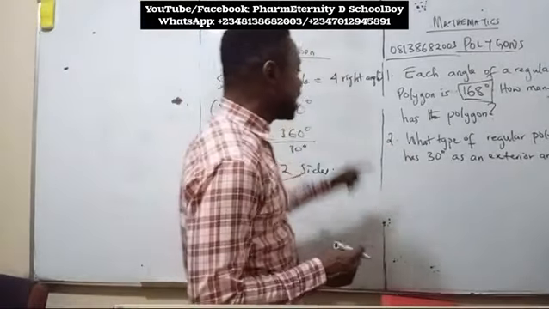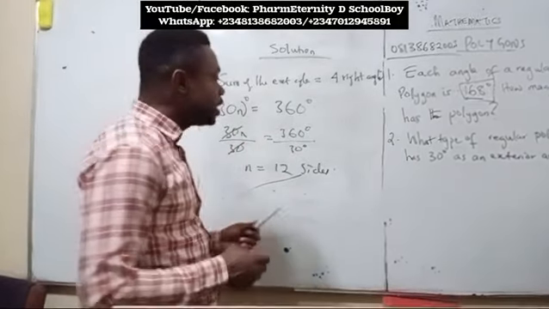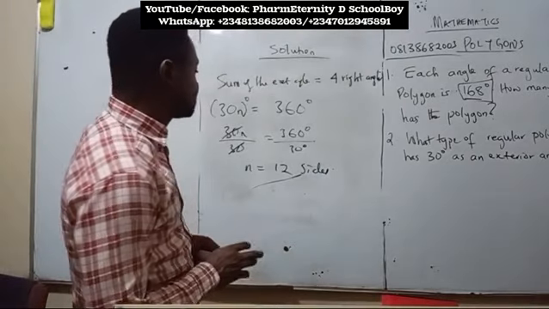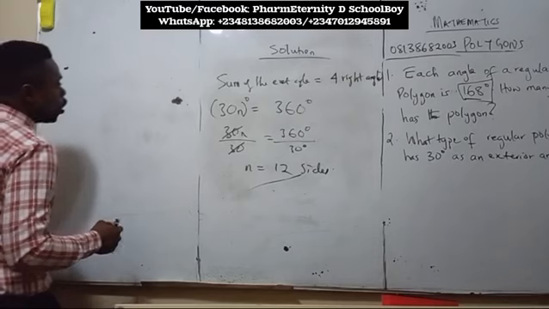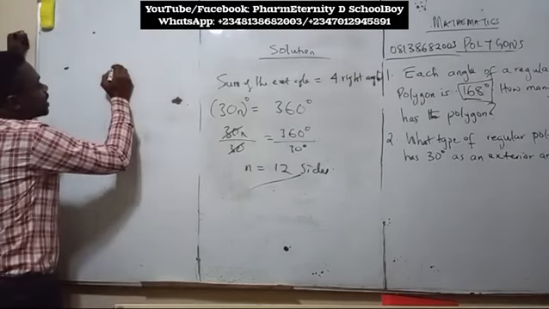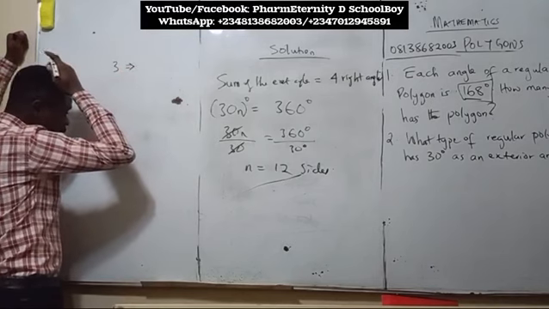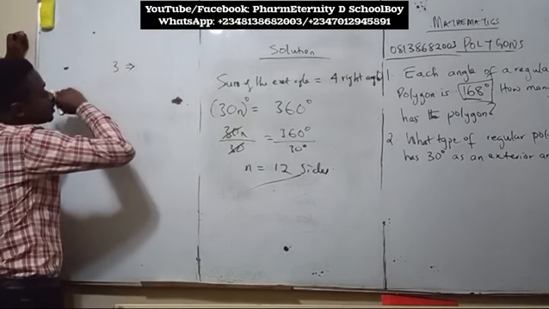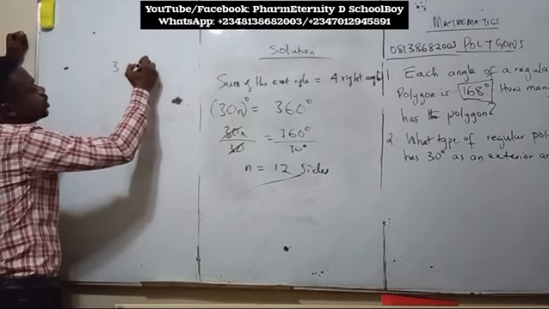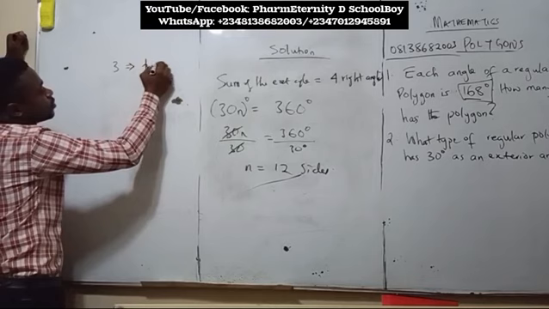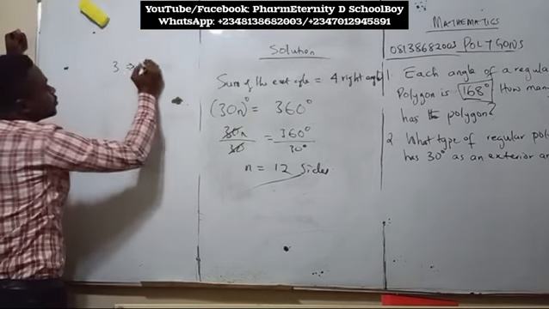If this polygon has 12 sides, what does it imply? It implies a type of polygon we call by a particular name. Remember, the one with 3 sides is called triangle.